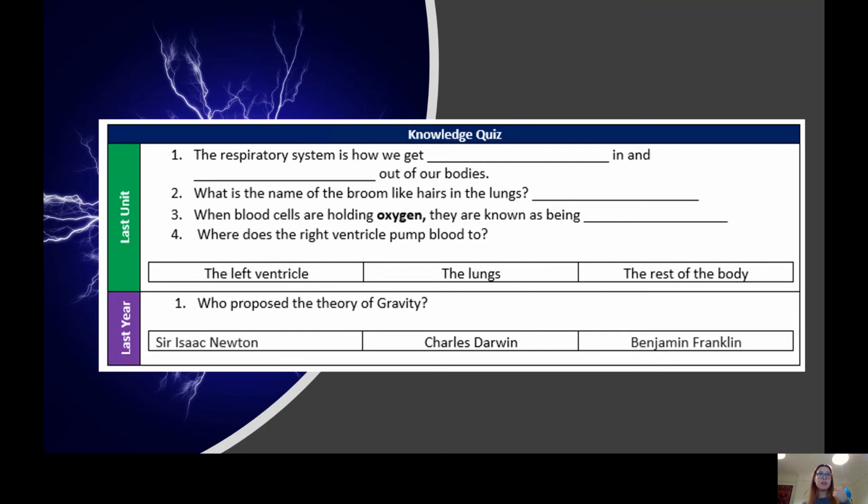If you need another clue, remember that the top 2 chambers of the heart are both the right and left atriums, because A comes before V in the alphabet, and the bottom 2 chambers of the heart are called the left and right ventricles, because V comes at the end of the alphabet. It's a way to remember it. So pause the video and write down your answer to question 4.